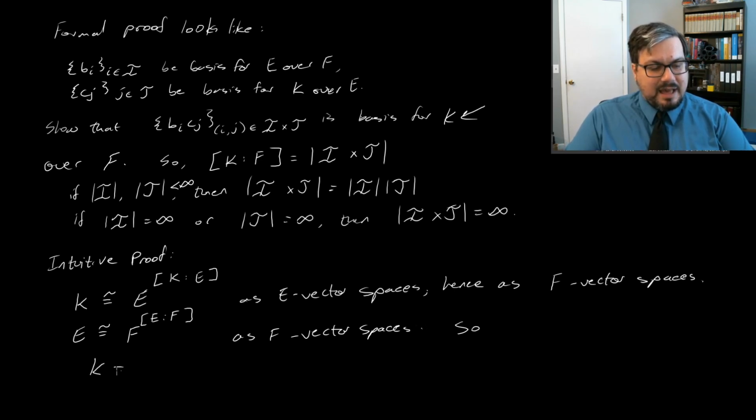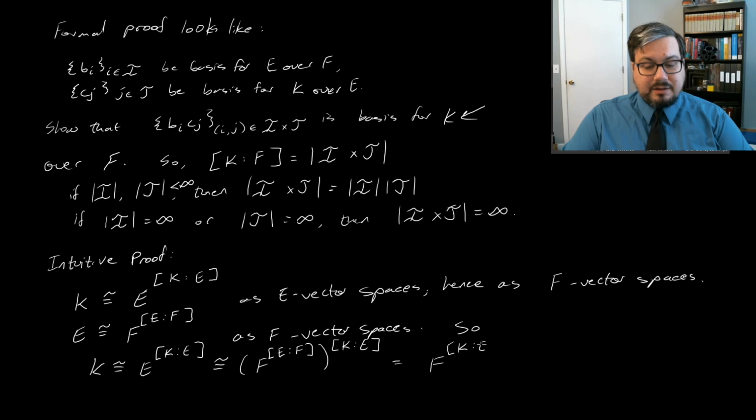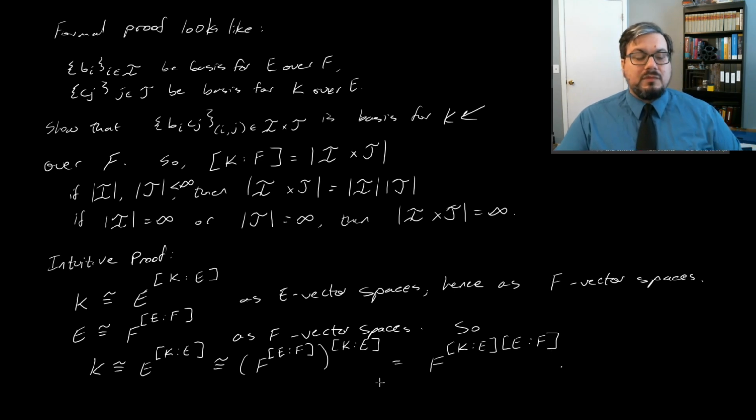So that means that K is isomorphic to E to the degree of K over E, which is isomorphic to F to the degree of E over F, to the degree of K over E, which is F to the degree of K over E times the degree of E over F. So this shows that K is isomorphic to the vector space F to this product, which shows what we want.